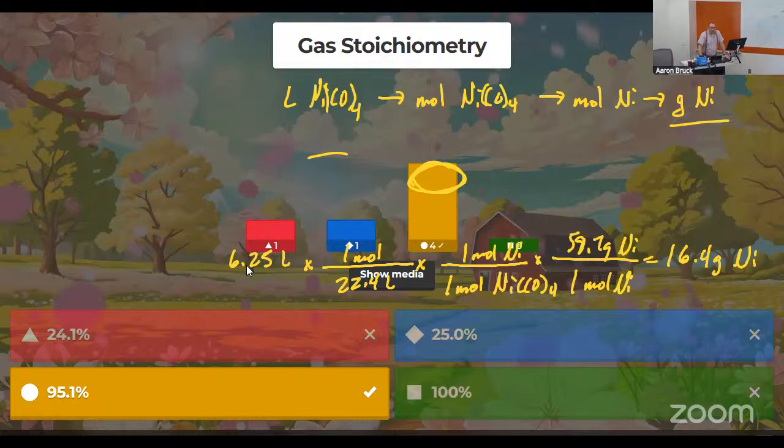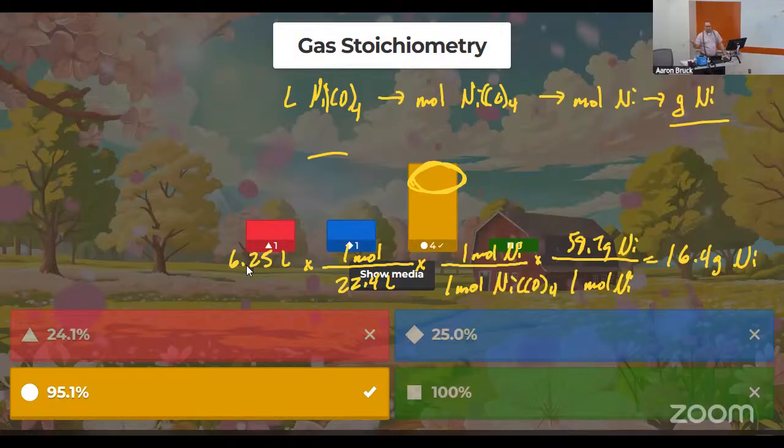What would be the best way to get this problem? Well, if you're going purely for a guess here, what I would do is automatically eliminate green. The fact that we're told that it's impure means that 100% can't be correct, because that would be a contradiction.